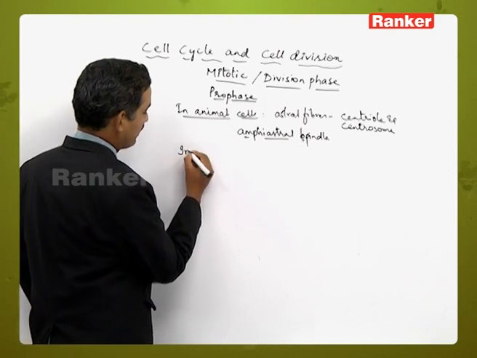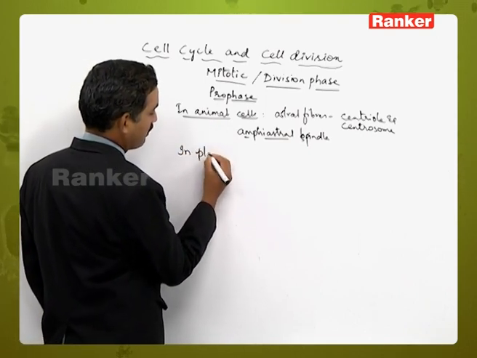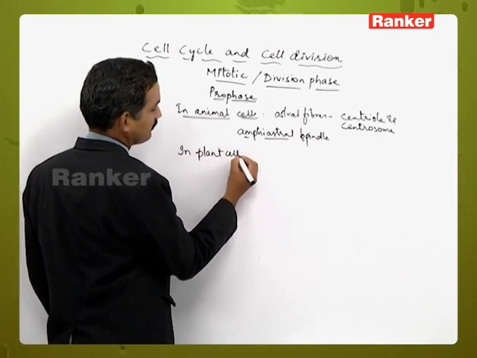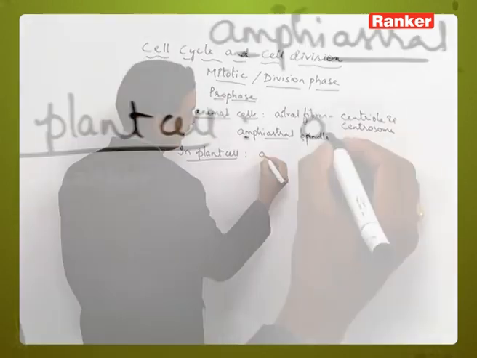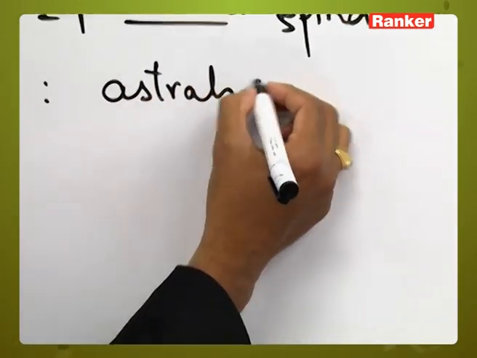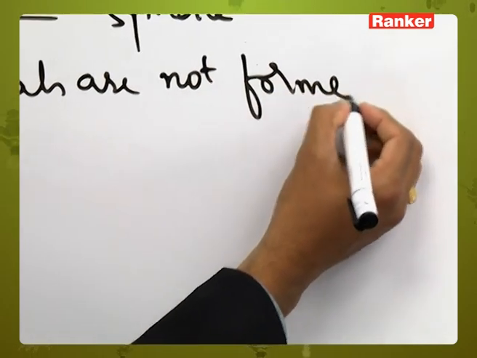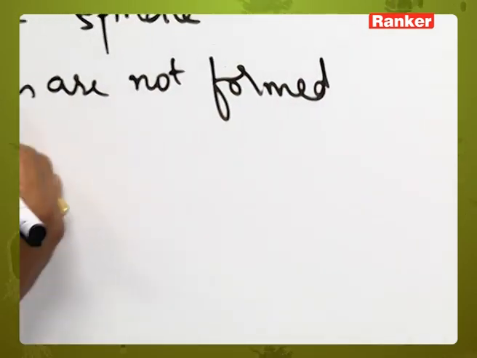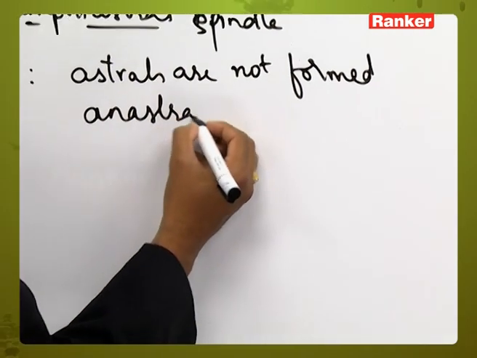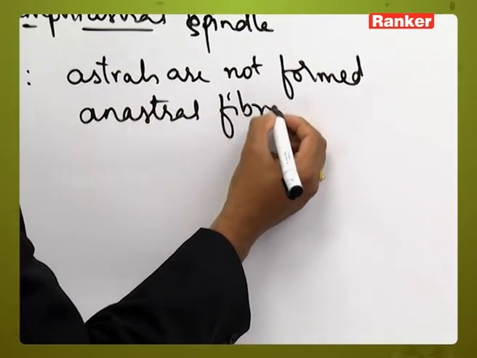Then in animal cells that type of change is observed, but in the plant cells, astrals are not formed, so we call them as anastral fibers.